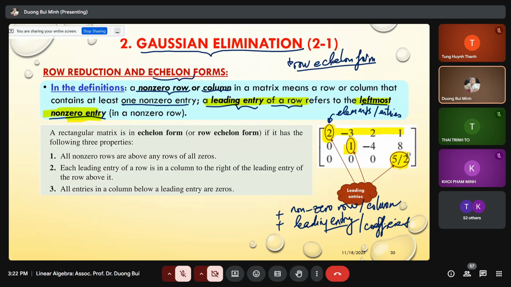Do you understand? You need to make sure you understand what a non-zero row is and what a leading entry or coefficient of each row is.